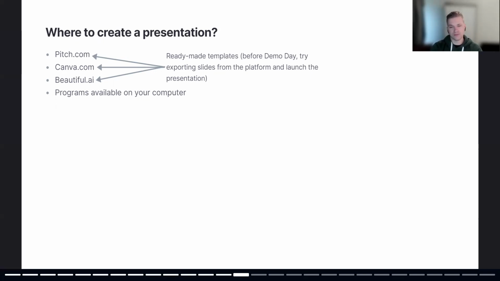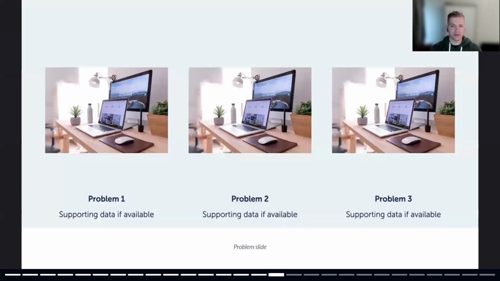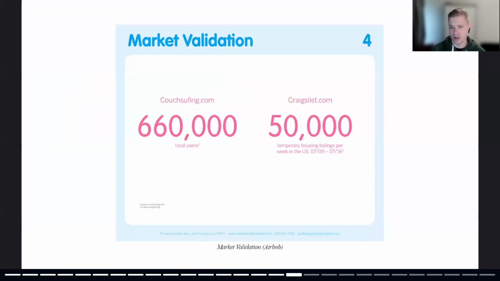Yeah, and then there are examples of slides that I have gathered from different presentations. Maybe it will be useful as inspiration about how to present the problem. Here is the market validation, how it was shown by Airbnb.